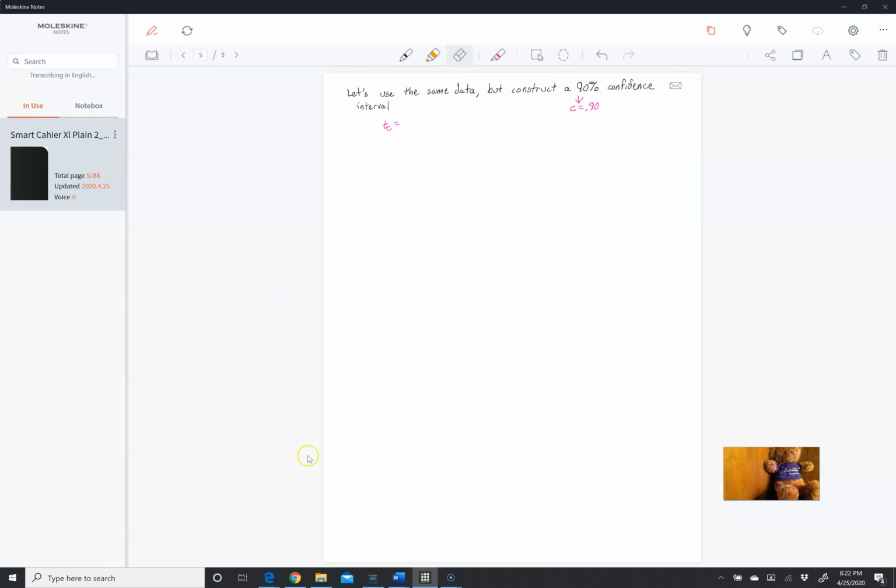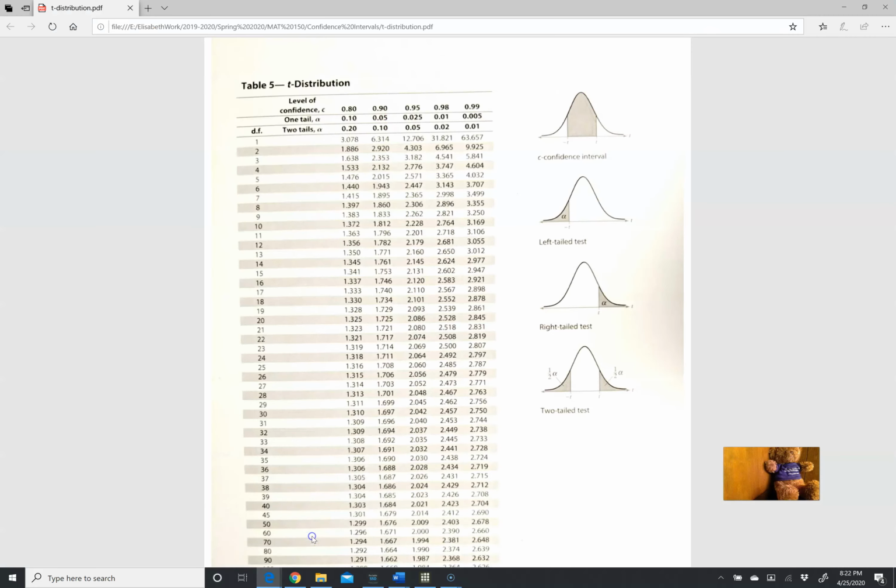So if we go to our t-chart, again, the t-chart is given to you. You go to 0.90 and our sample size is still 16. So we still go to a degree of freedom of 15. So now the difference is that our t-value is 1.753.